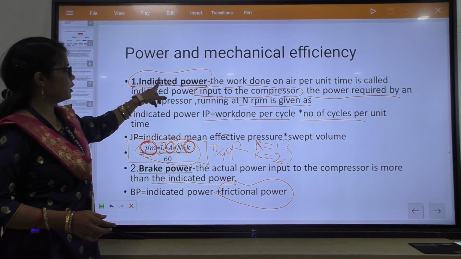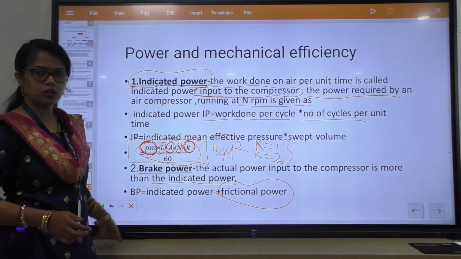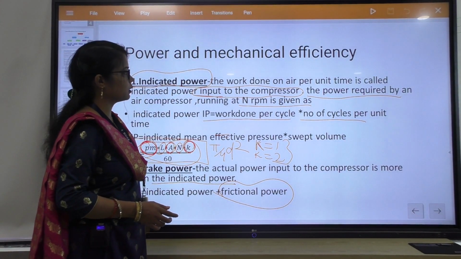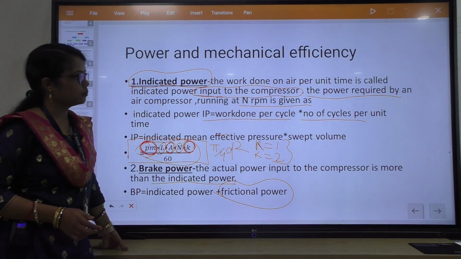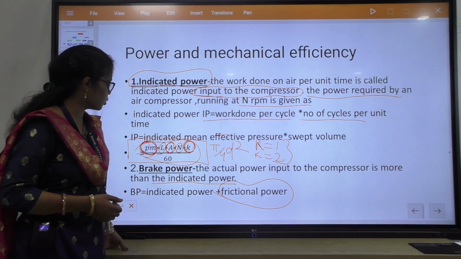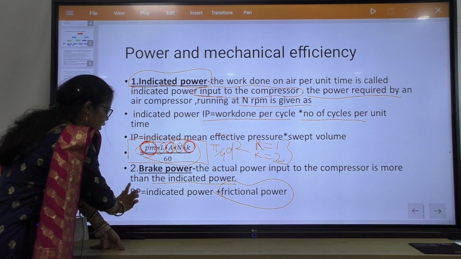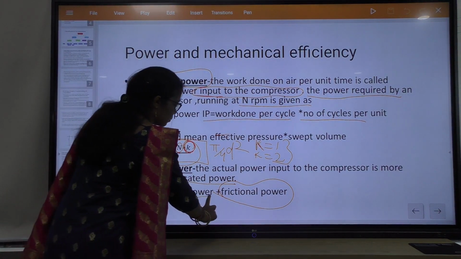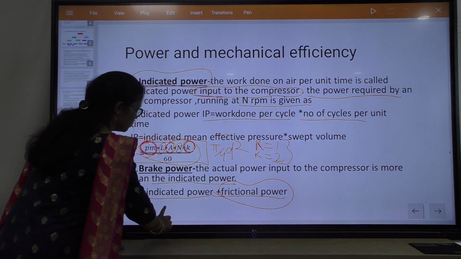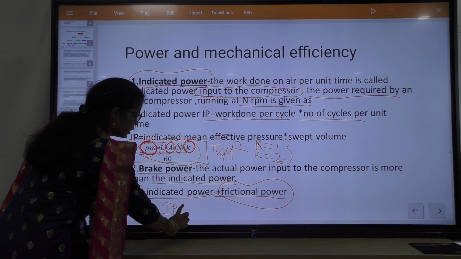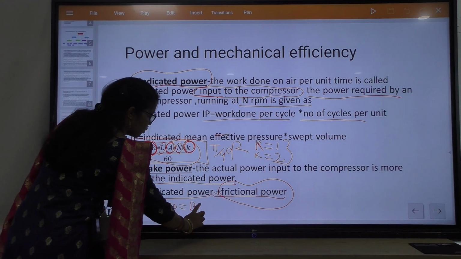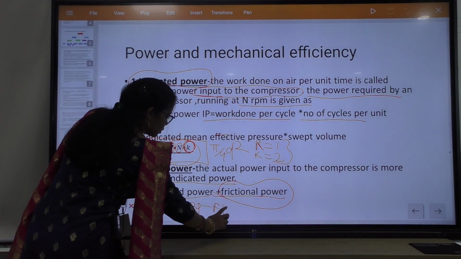Finally this indicated power is working on the air, and due to this indicated power the compression process is happening. So, brake power is equal to indicated power plus frictional power. That means indicated power is equal to brake power minus friction power.